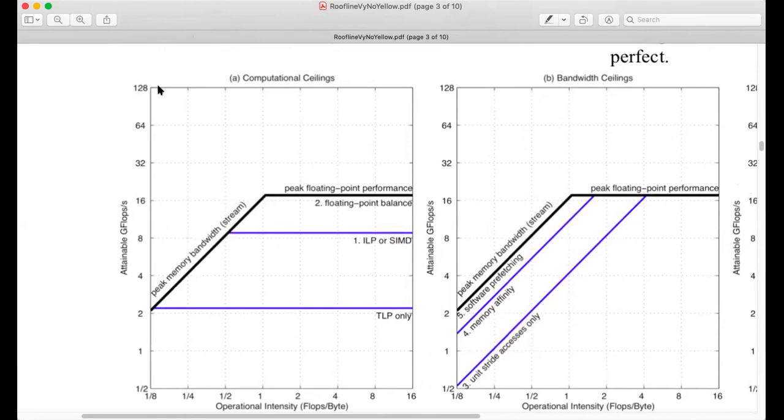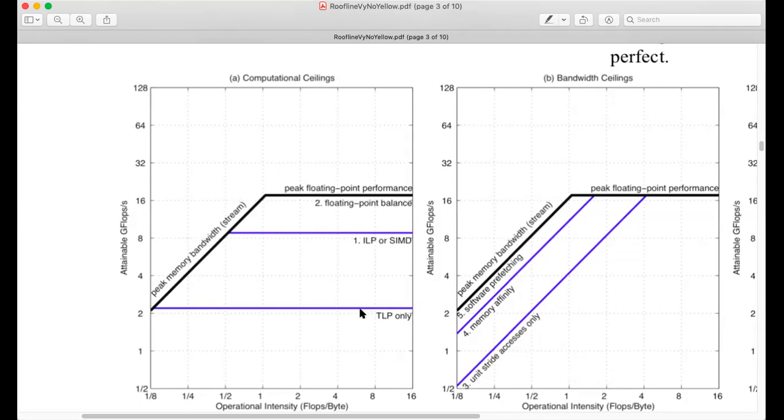But then, Opteron's peak floating point performance is 16 gigaflops per second, and it has 2 cores in it. If you see this particular line, TLP only, I think it stands for thread level parallelism only. If you are using only thread level parallelism, just the 2 cores, then the peak achievable compute performance is 2 gigaflops per second.